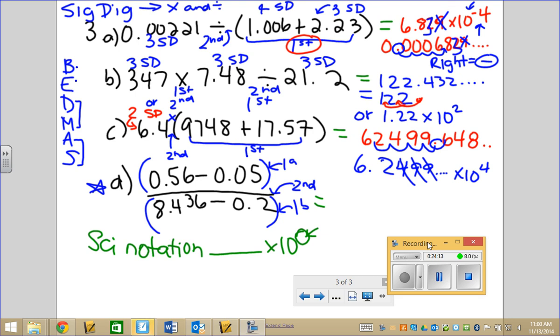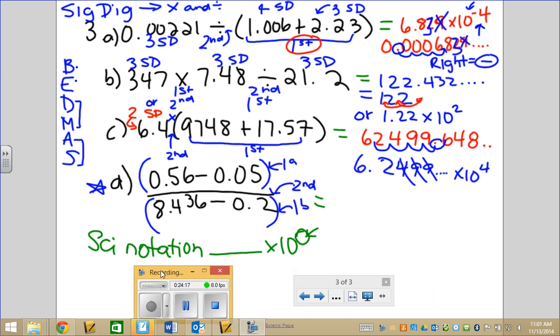Now the last one, you don't need to use scientific notation because it's not super small, but you could. In the last one, the answer that you actually should get is 0.0619232. You are only allowed to have 1 significant digit. The reason would be, for example, here or here.